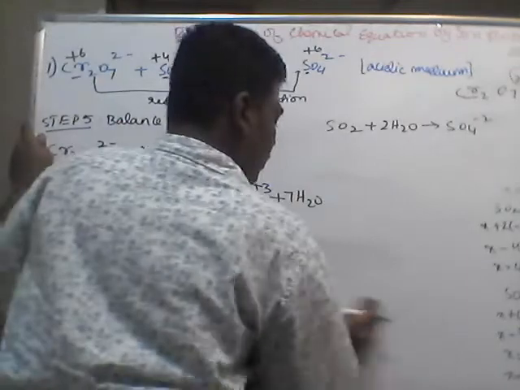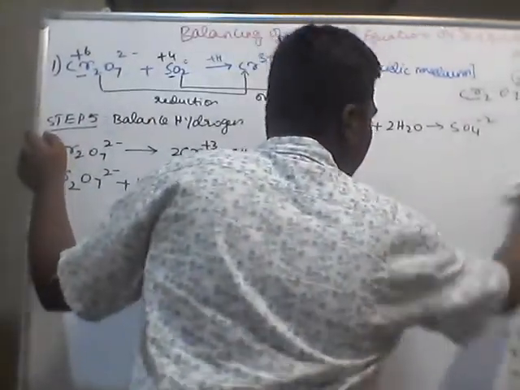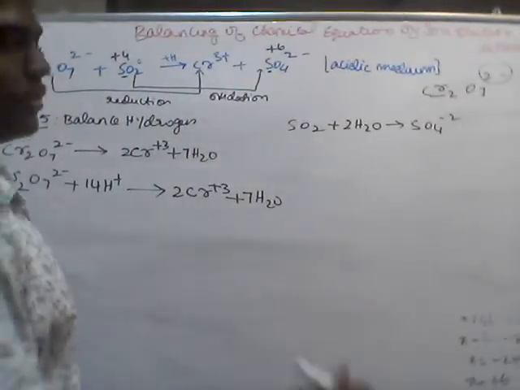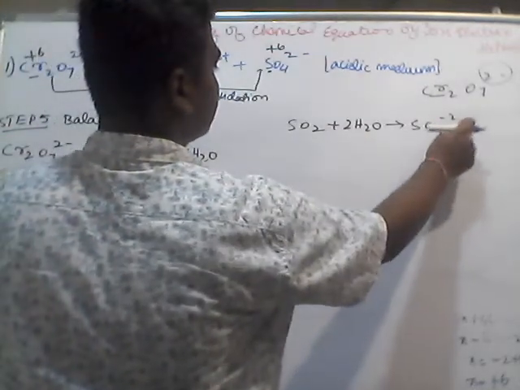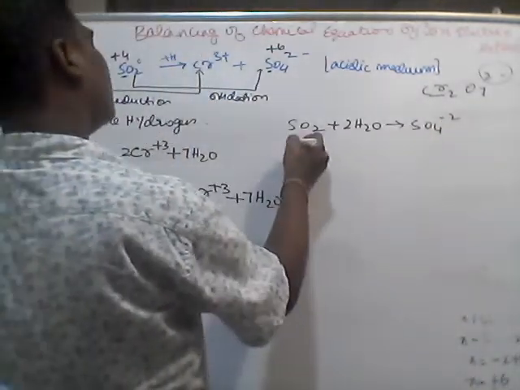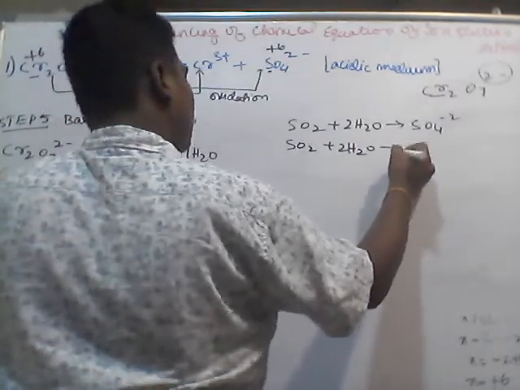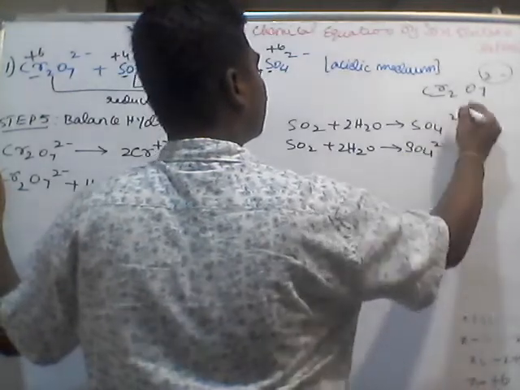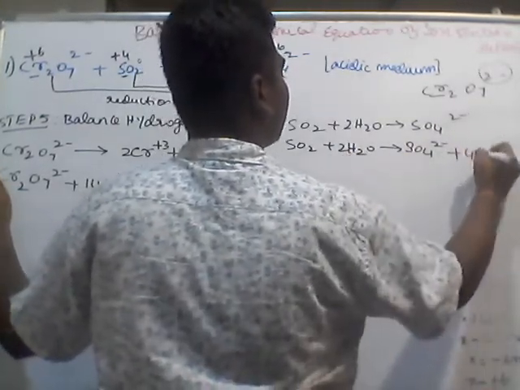Now, how to balance this side? Same procedure here also. Here you see we are having 4 hydrogens. Here hydrogen is lacking on the product side. So SO2 plus 2H2O gives SO4 2 minus plus 4 H plus ions, since 2 times 2 are 4.